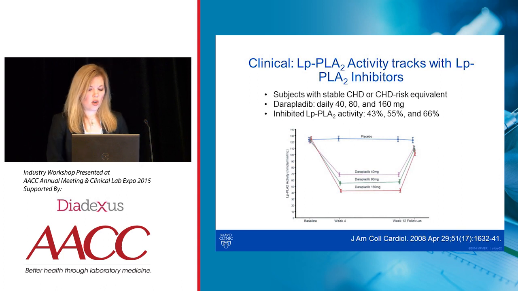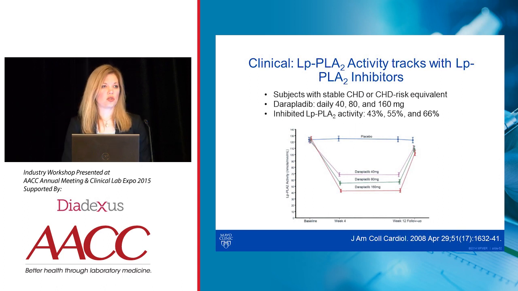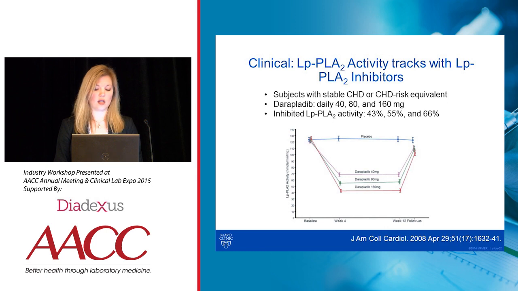It's been shown that when patients are treated with the inhibitor for LP-PLA2, the activity of the enzyme also is decreased. And this is in a dose-dependent manner, as shown in this slide. Patients treated with increasing concentrations of the inhibitor show a corresponding decrease in LP-PLA2 activity.